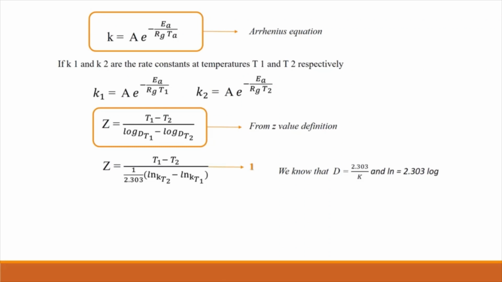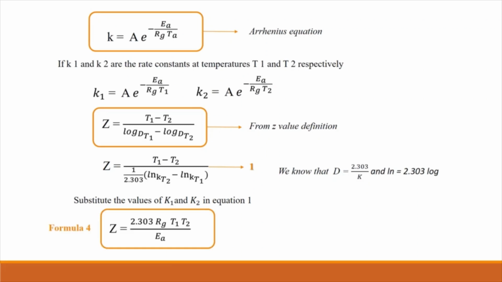Substitute the values of K1 and K2 in equation 1. Then we will get the formula of Z value as 2.303 into Rg into T1 into T2 by EA. This is the most important formula. If you know these four formulas, you can solve any numerical on Z value in GATE or any other competitive exams.